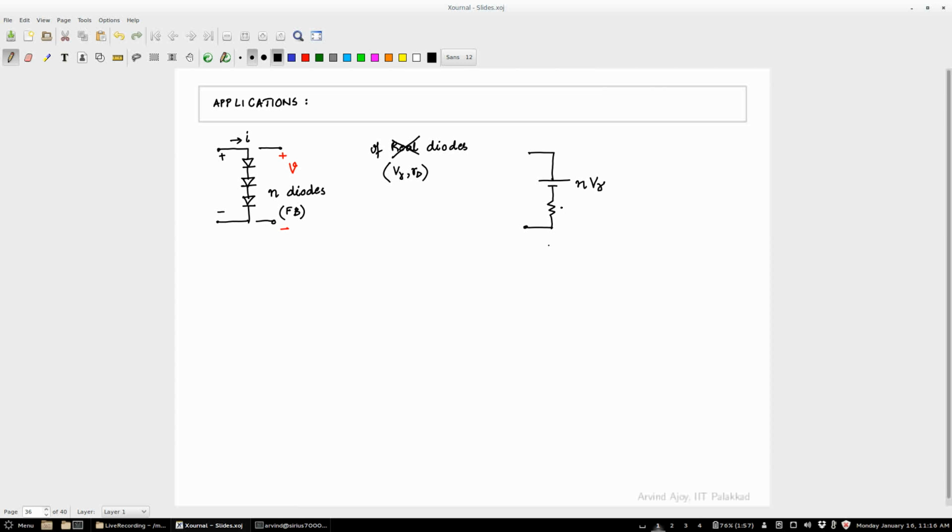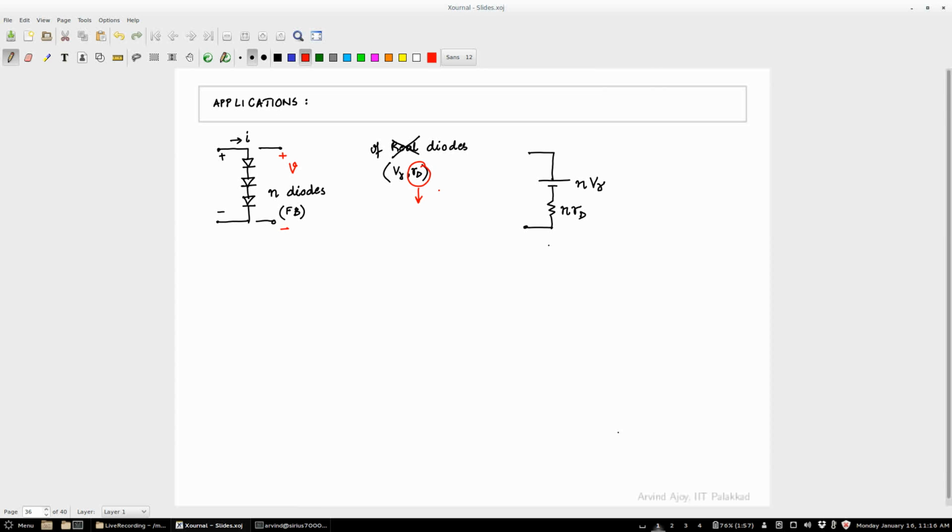Okay, piecewise linear model. Assume that you are working with this kind of model. Then what would your voltage be? Right. So you will have N times V gamma. So you can actually draw this as a battery with N V gamma, correct, right?